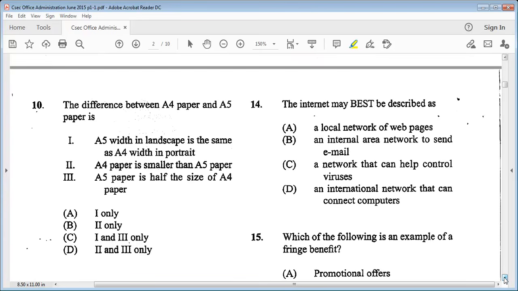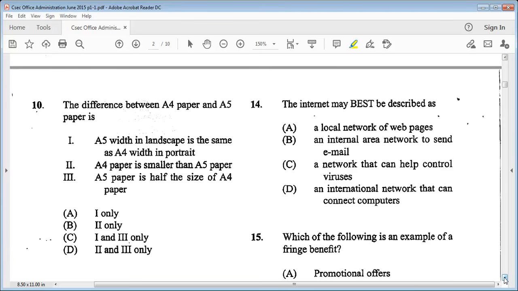The difference between A4 paper and A5 paper is: 1. A5 width in landscape is the same as A4 width in portrait. 2. A4 paper is smaller than A5 paper. 3. A5 paper is half the size of A4 paper.